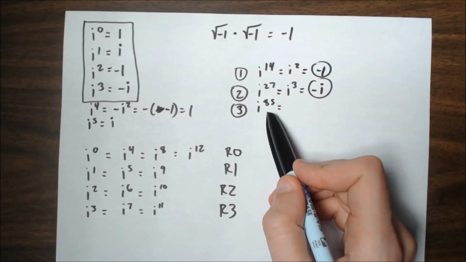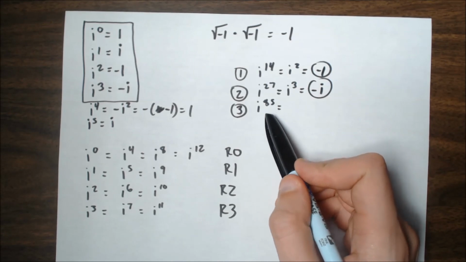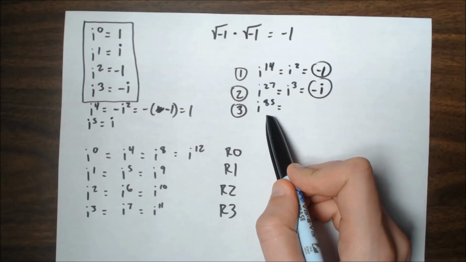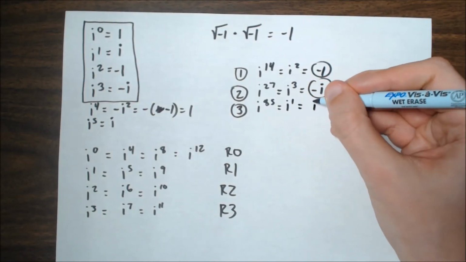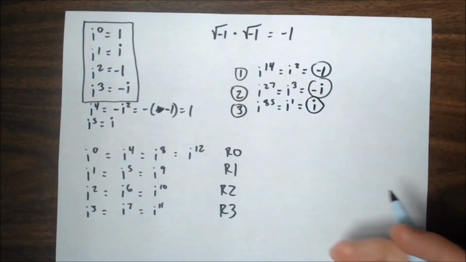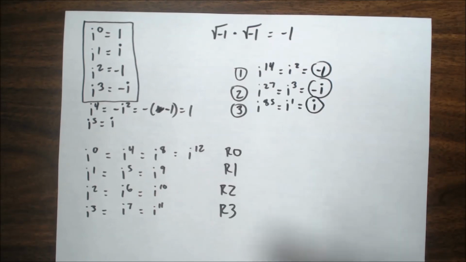Well, if I count up from 80 by 4s, I go 80, then 84. Well, 84 is going to be the closest multiple of 4. That means there's a remainder of 1. So this is i to the first, which is i. So no matter what number I put here, you should be able to reduce that down to either a 1, a negative 1, an i, or a negative i.